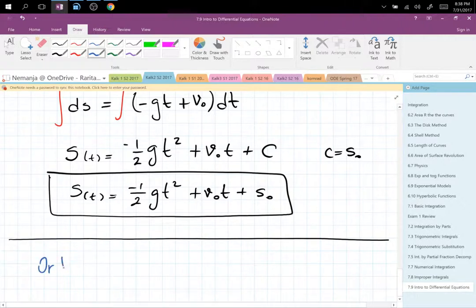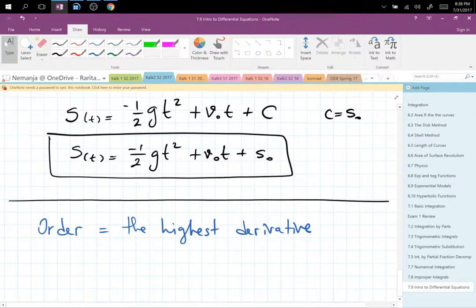So order is the highest derivative. And then we have the linear versus nonlinear differential equation.